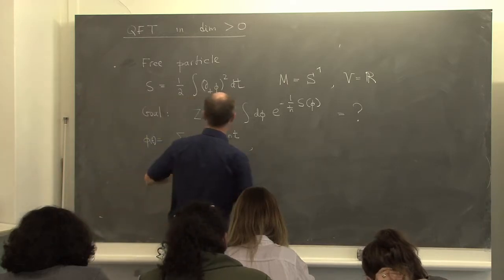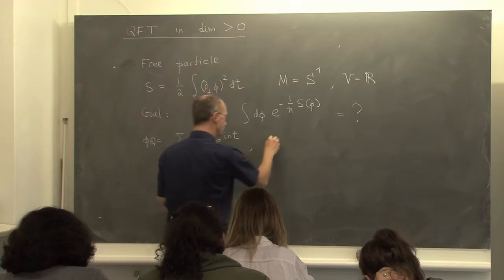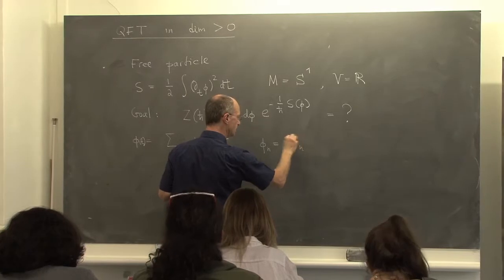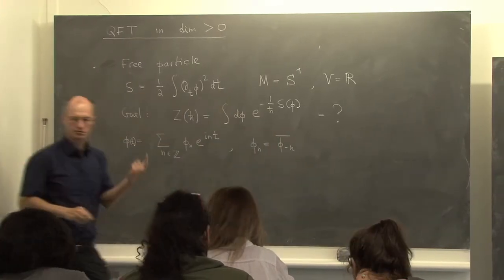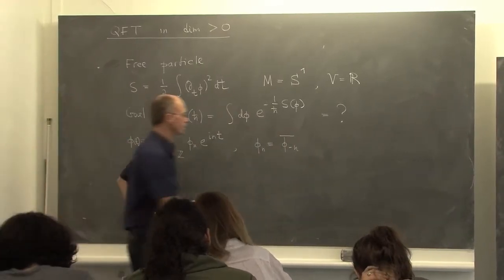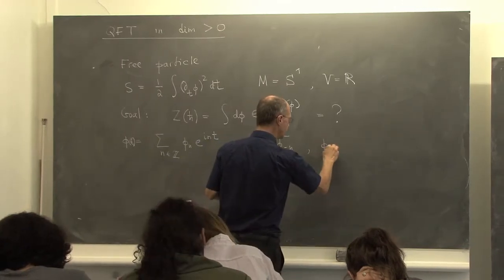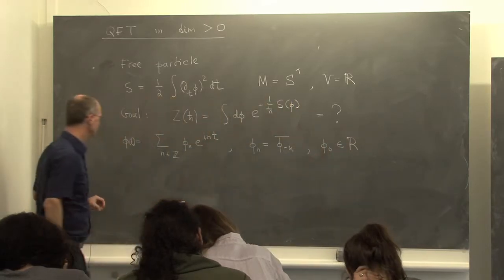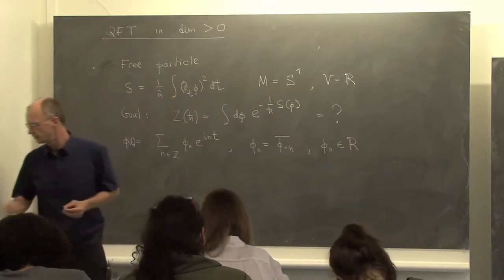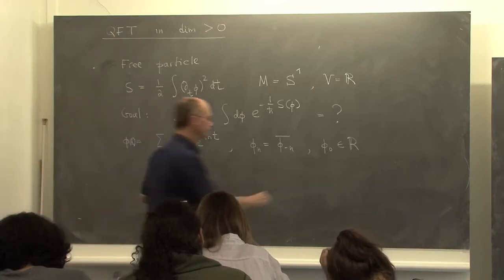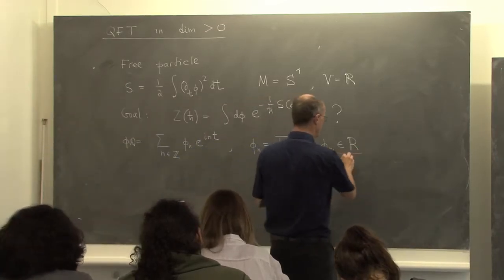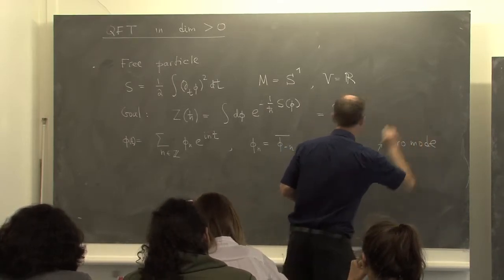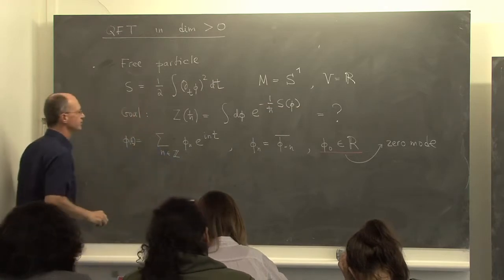So here, phi was a real valued function, so this would imply that the Fourier coefficients with opposite numbers are complex conjugate to each other, and phi 0 is in R. Sometimes in the physics language, this phi 0 is called the zero mode. So we'll see why.